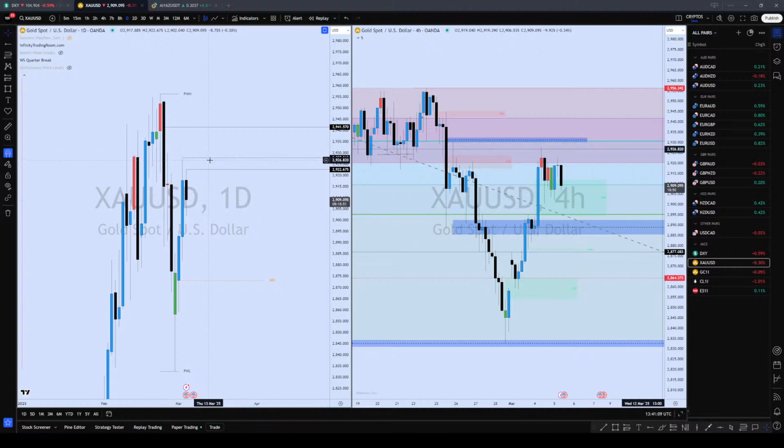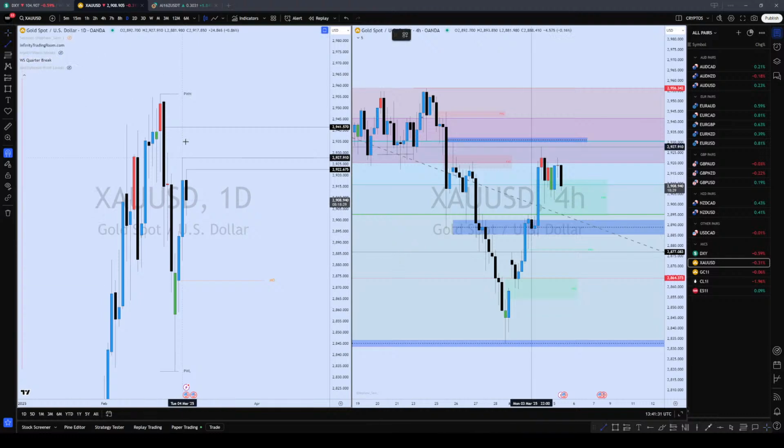I still don't trust that if we go down from here, we're going to continue going down. I don't trust it. Always look at this and that as equal.